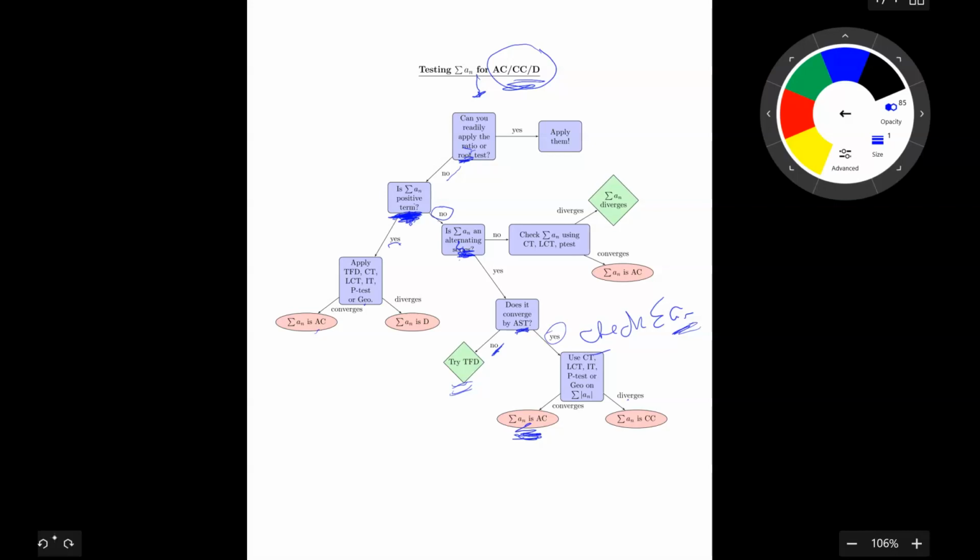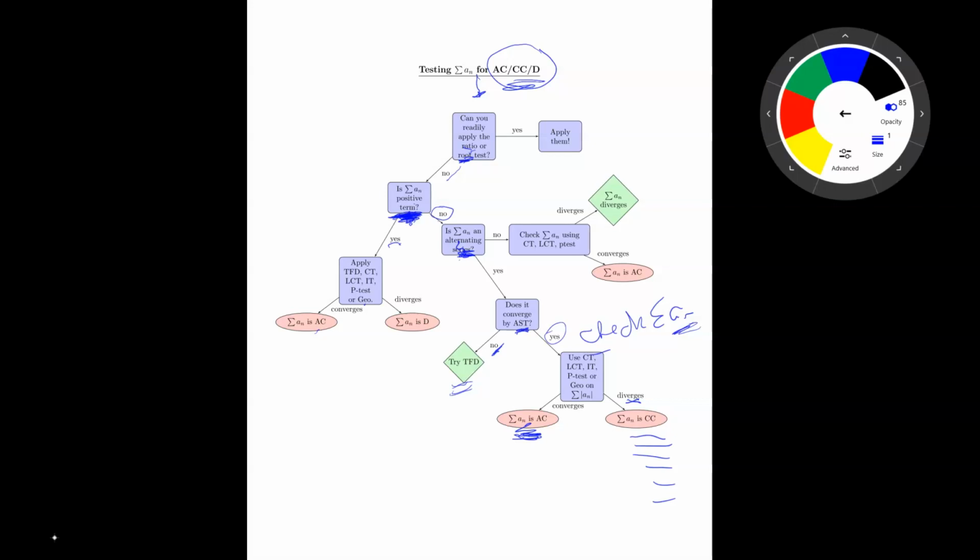If the positive part diverges, after I've gotten converge by AST, this is the only way you get conditionally convergent. So conditionally convergent is an alternating series that converges by AST, but the positive part diverges.